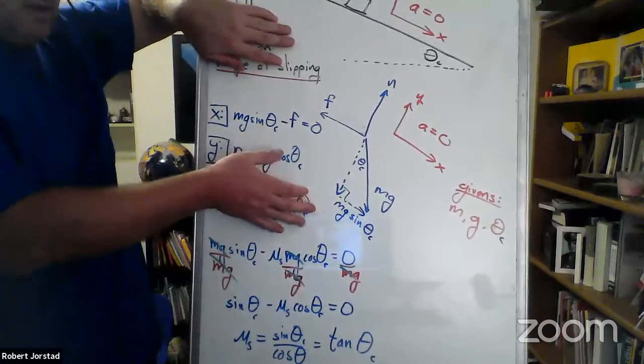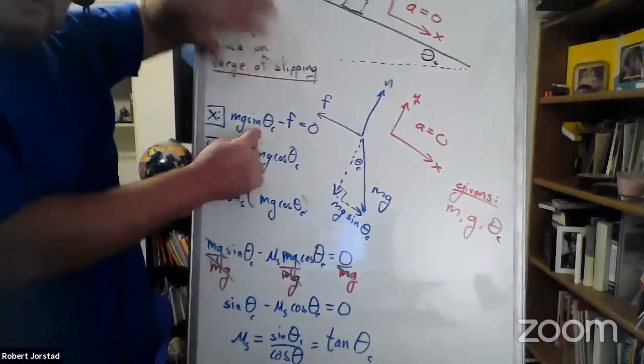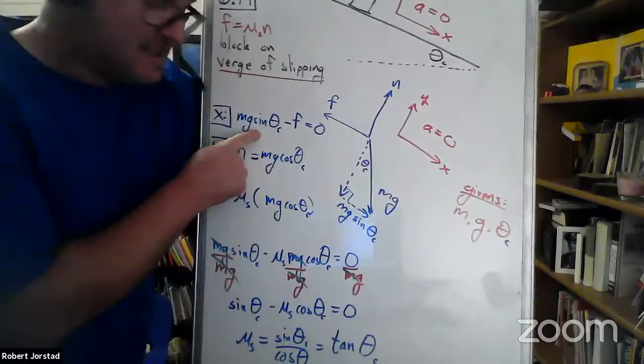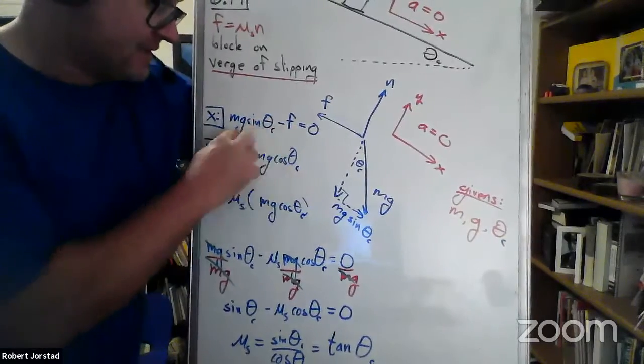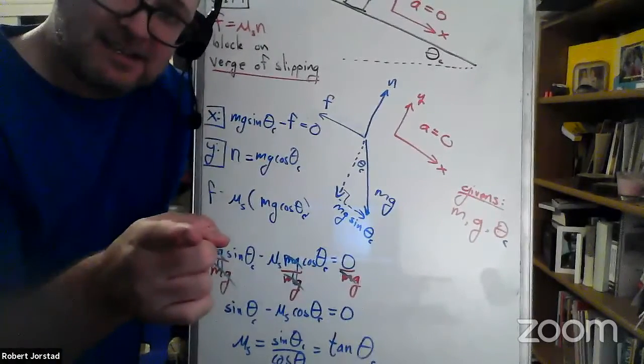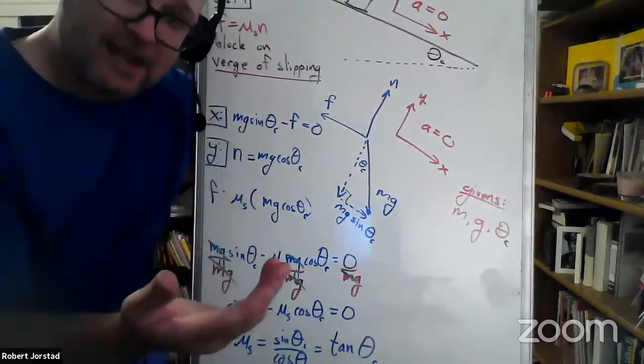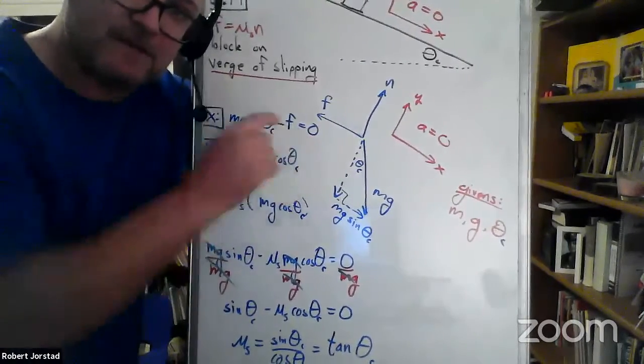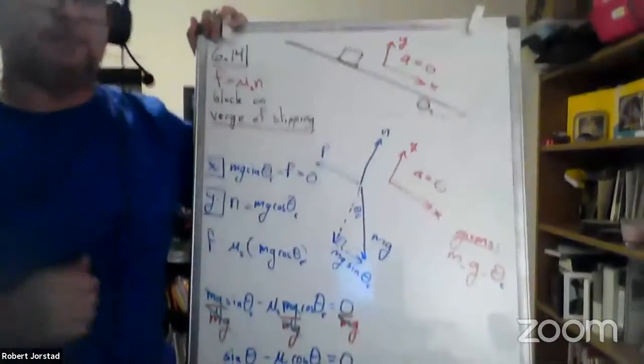And if so, friction is just this number, which is kind of going back to what Esteban was saying at the very beginning. He said, can I just say friction equals this? Yes, as long as it's not accelerating, right? So there we go.